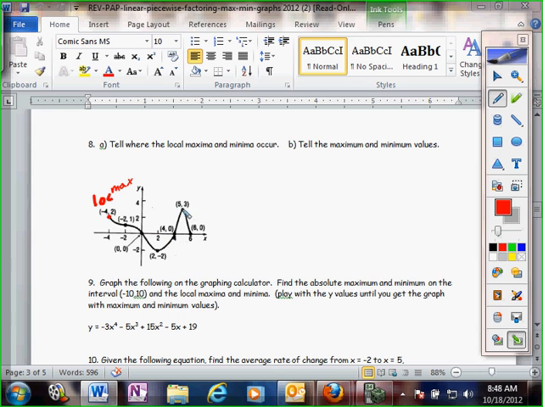Oh, here I have a local max. Well, where do these local maxes occur? The local maxes occur at x equals -4 and x equals 5. That's where they occur.